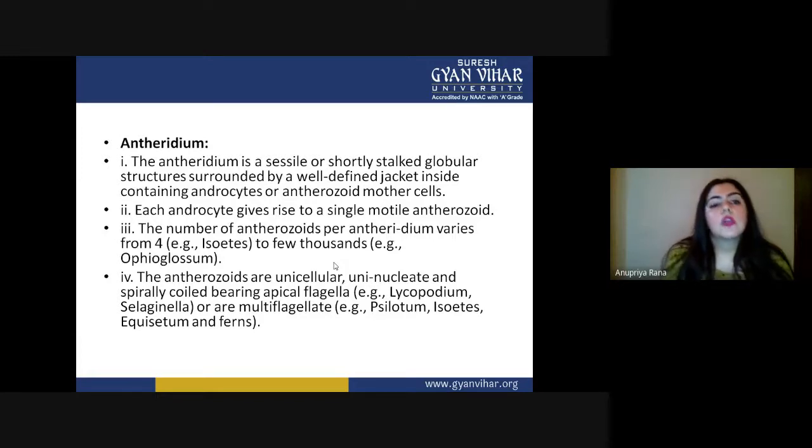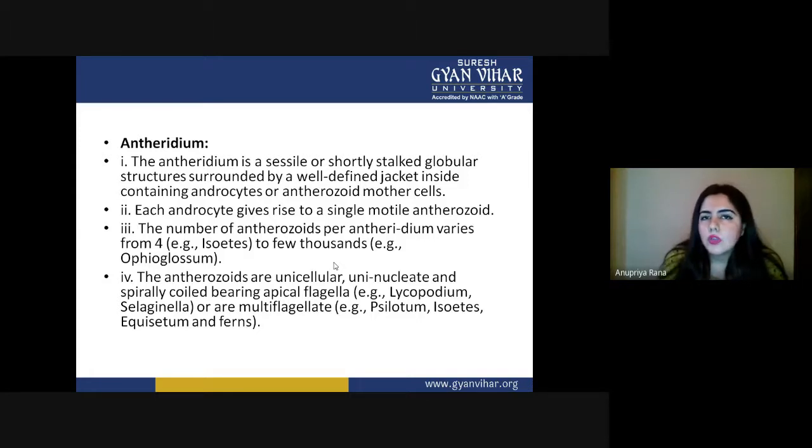We will see each one of these, starting with the antheridium. The antheridium is a sessile or short-stalked globular structure surrounded by a well-defined jacket, containing androcytes or antherozoid mother cells. As a male part, it is firstly sessile and short.